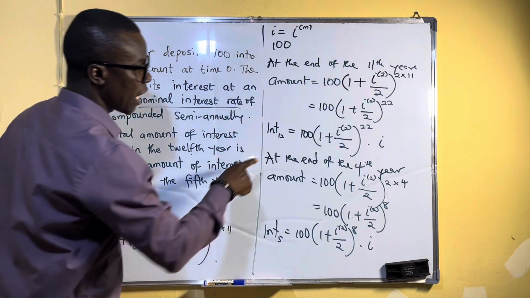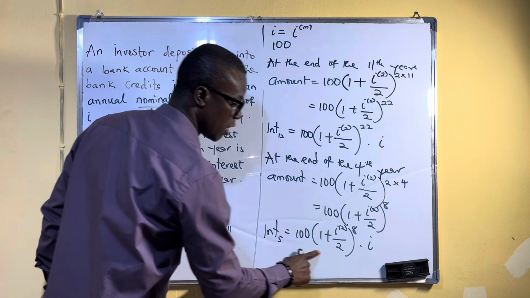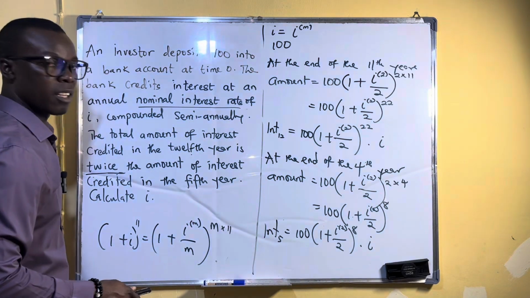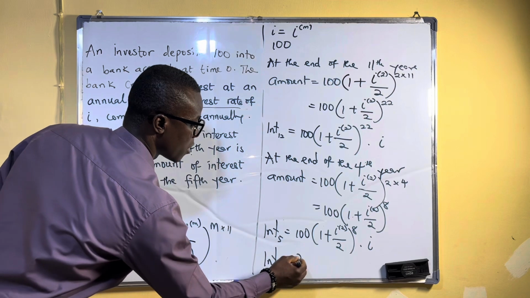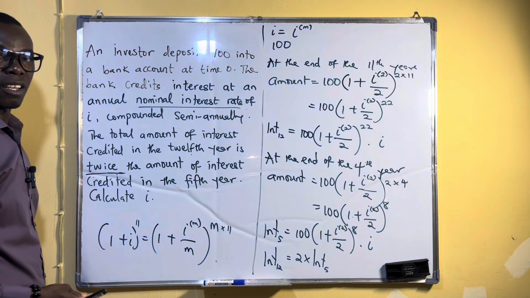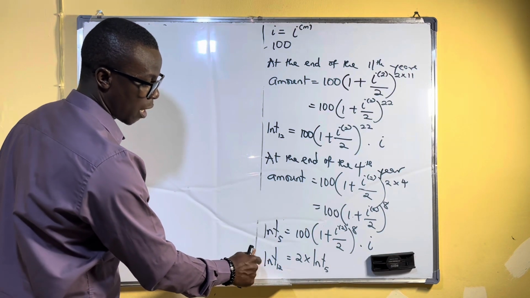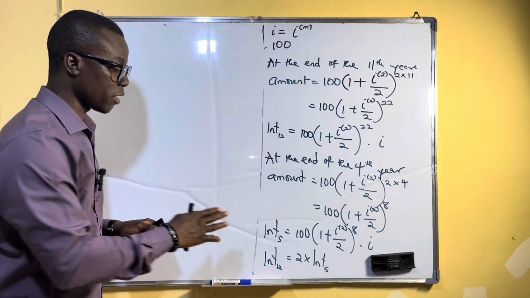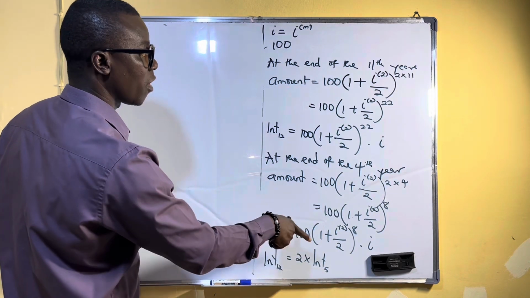Now remember that they said the interest credited in the 12th year is twice the interest credited in the 5th year. So that's to say the interest in the 12th year is equal to 2 times the interest credited in the 5th year.